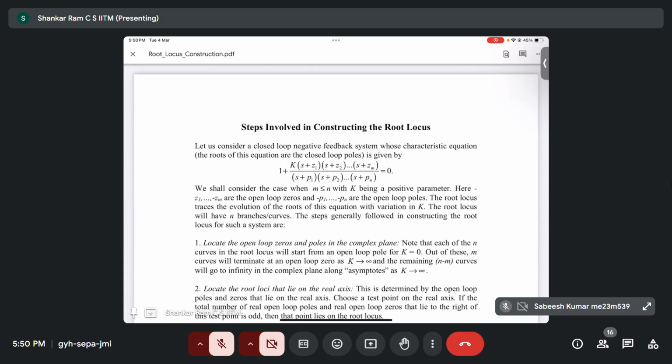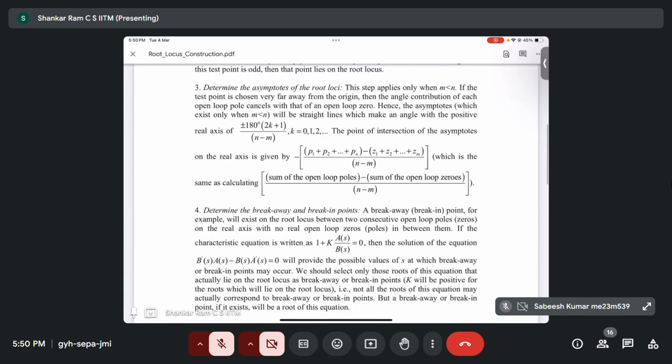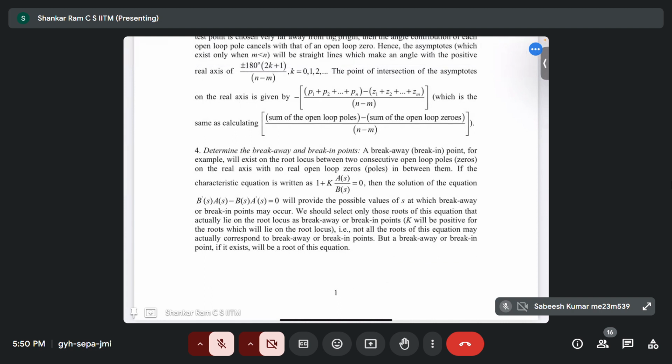On the fourth point, there is a doubt. There is a breakaway and break-in point, and there are two questions in this. Two consecutive open loop poles or zeros. Technically, we should have two consecutive open loop poles.